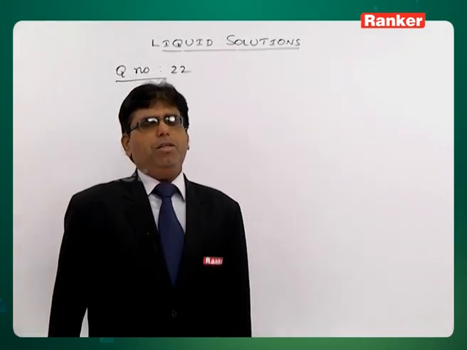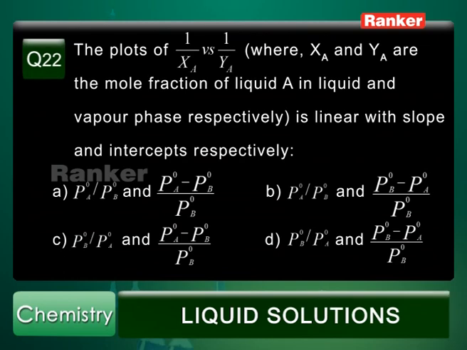Now, let us go to question number 22. Here the question is about drawing the plots for 1 by XA versus 1 by YA, where XA is the mole fraction of liquid A in the liquid phase and YA is the mole fraction of A in the vapor phase during fractional distillation.